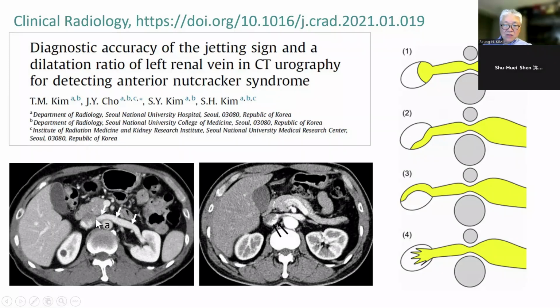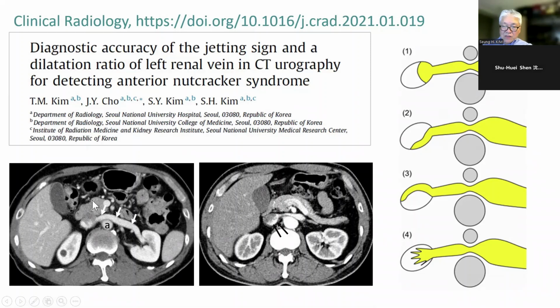Here we do not see any jetting. And the second is because the contrast opacified blood is heavier than contrast non-opacified blood. If the flow is slow, it usually flows along the bottom, the posterior margin of the inferior vena cava, like this figure on the right side.